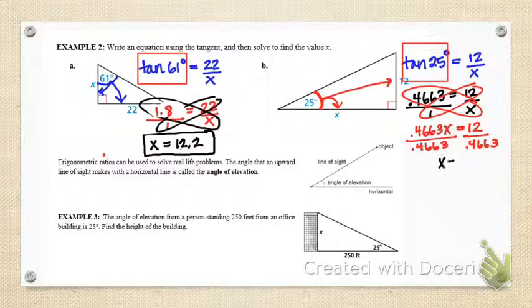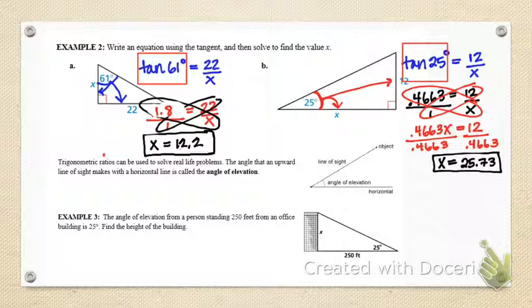Okay, and then you'll find that x is equal to 25.73. So we're using known ratios of angles to solve for unknown values in triangles.